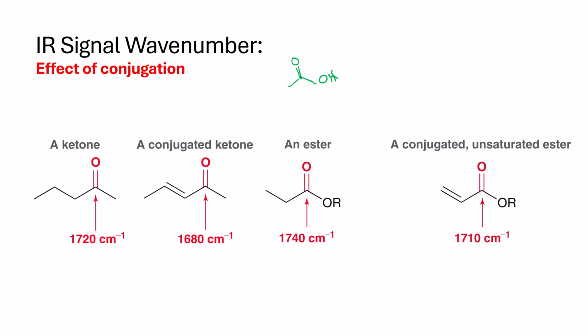We will always have the carbonyl, around 1700. 1720 for the ketone, but conjugation always lowers that. Notice again that if you compare the ester with the ketone, the ester is at a slightly higher wave number, but again, conjugation brings it down.